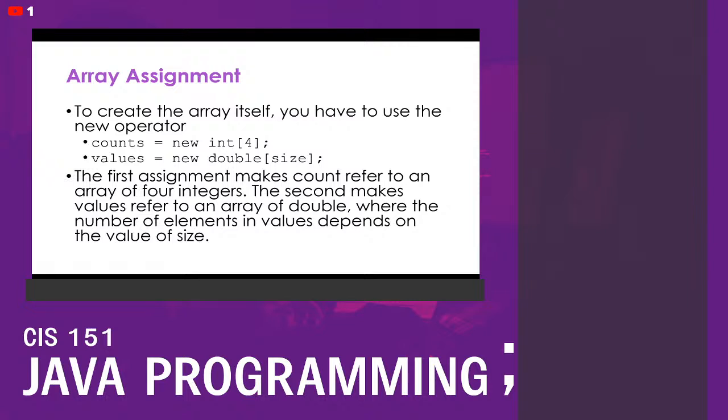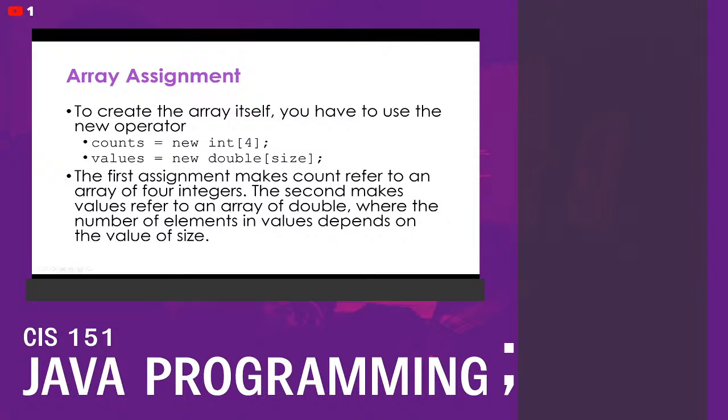To create the array itself, you're going to have to use your new operator in the same way that we've done before to create an array object. So as we're assigning values here, we're going to say counts equals new int, and in square brackets, 4. And so what this gives me is those internal containers.